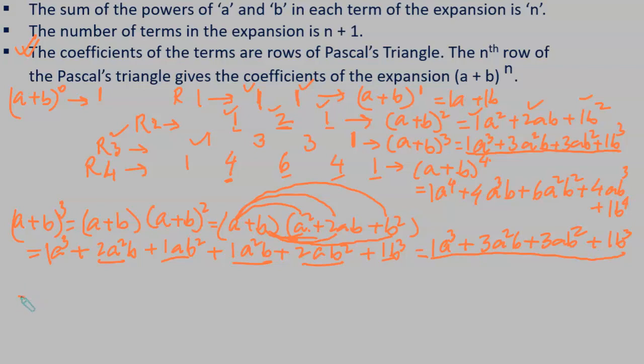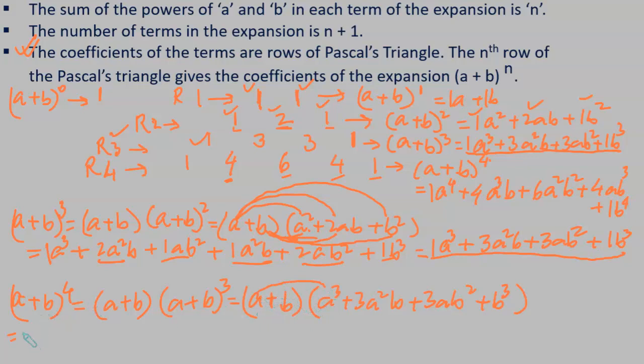Okay, now let us come to the a plus b to the power of 4 part. Again, this is equal to a plus b times a plus b whole to the power of 3. So this is equal to a plus b times a cube plus 3a square b plus 3ab square plus b cube. Okay, so now again we will be multiplying.